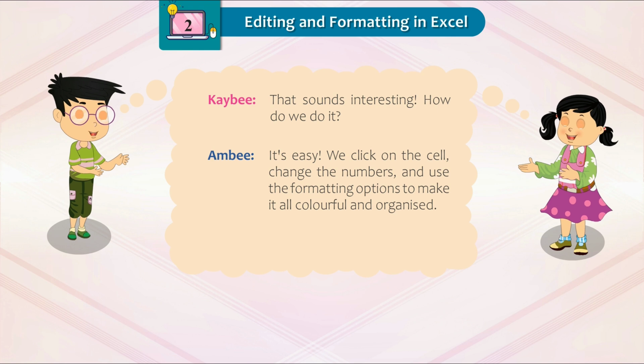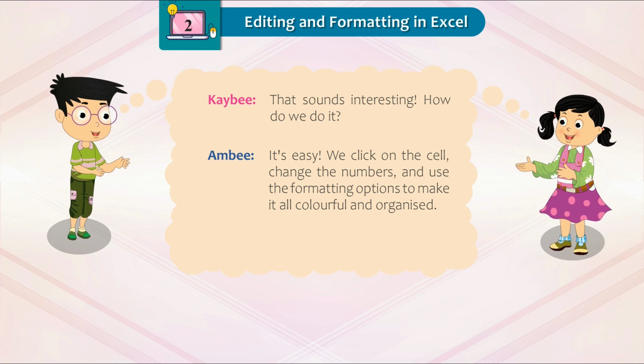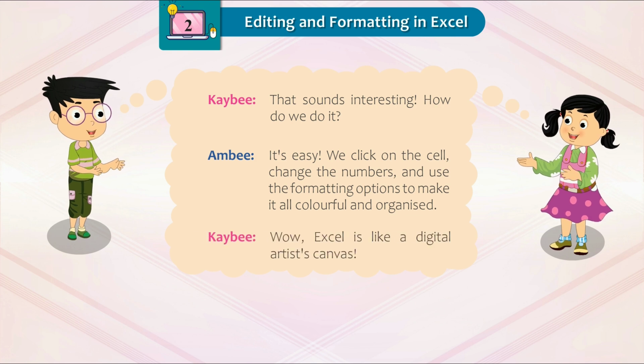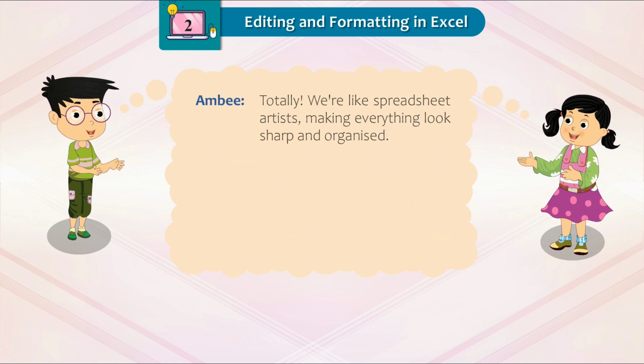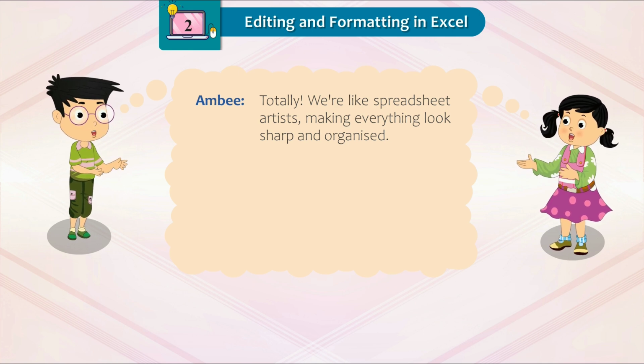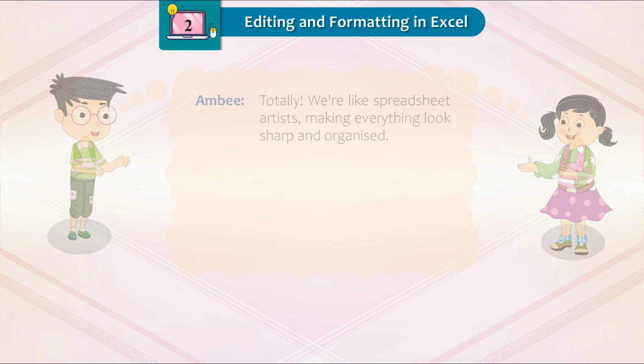Ambi: It's easy. We click on the cell, change the numbers and use the formatting options to make it all colorful and organized. KB: Wow! Excel is like a digital artist's canvas. Ambi: Totally. We are like spreadsheet artists, making everything look sharp and organized.